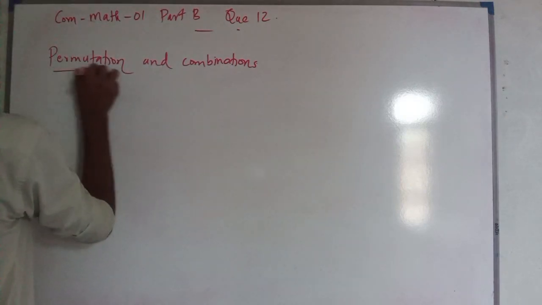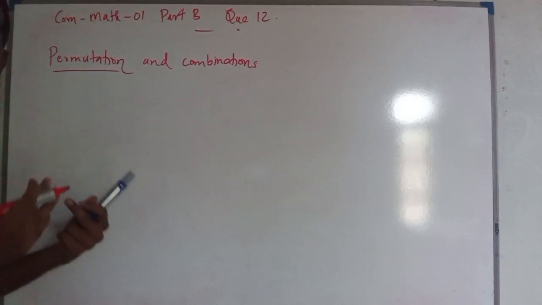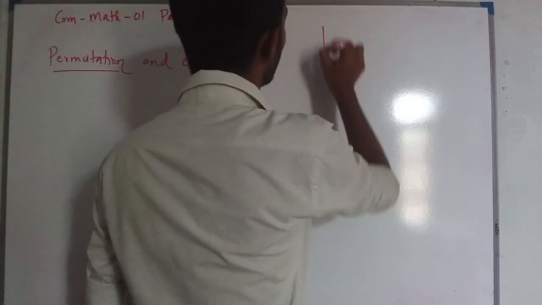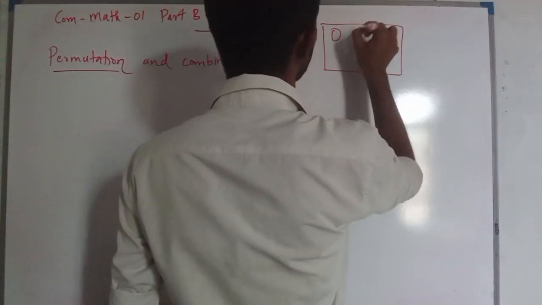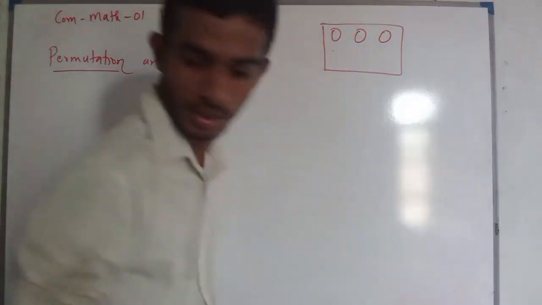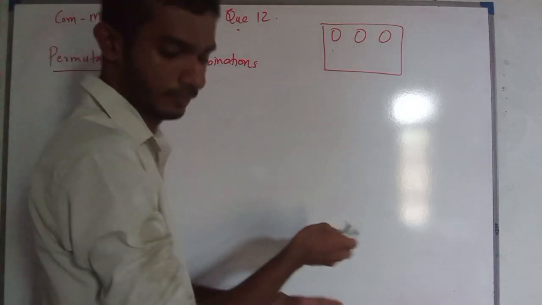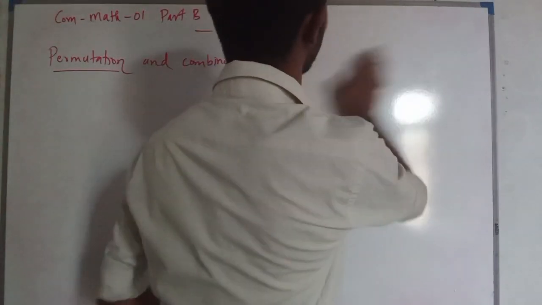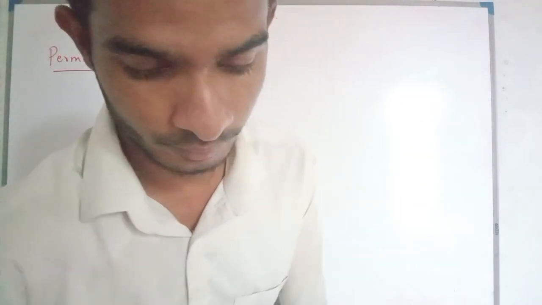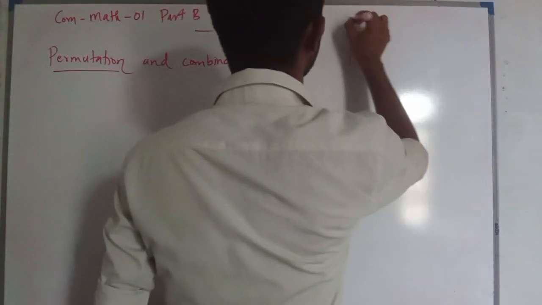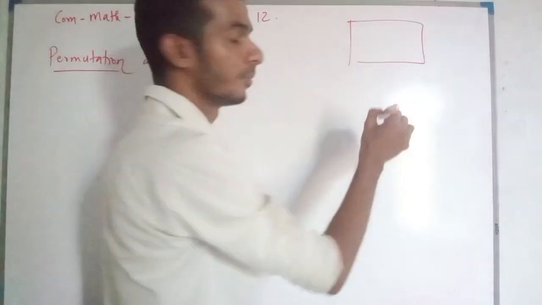Permutation is like arranging objects. For example, in a group we have some elements. Let me take A, B, C, D, four letters from the English alphabet.